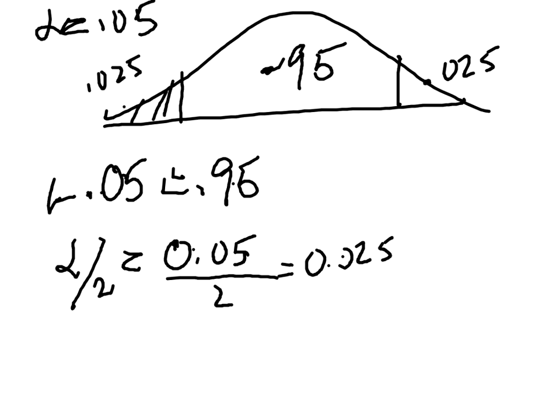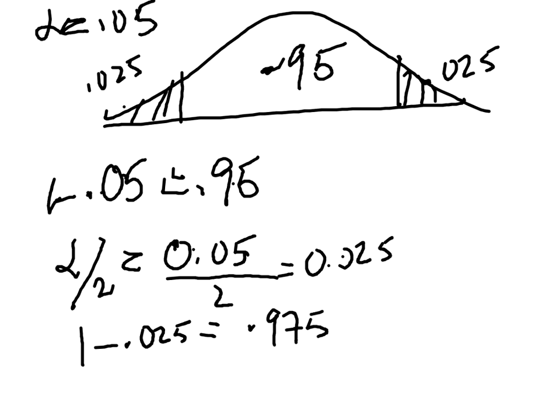Now, we've been here before. This is the critical regions. But recall what we must do to get into the tables: we must subtract that alpha over 2, which is 0.025, from 1, and we end up with 0.975.